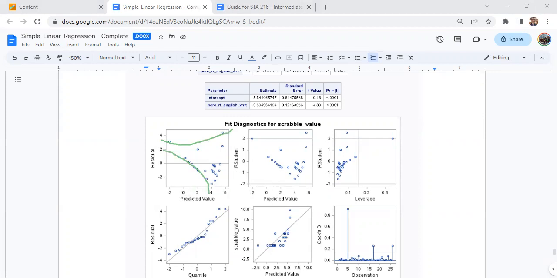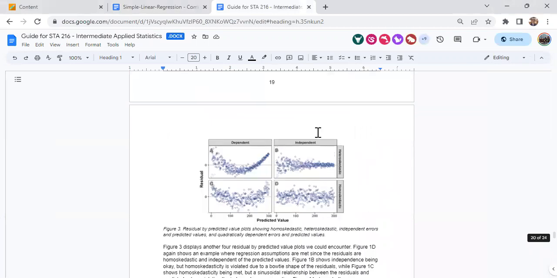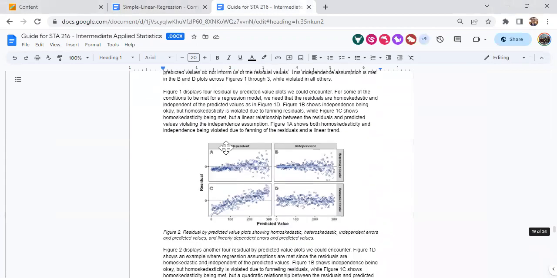The accuracy should be roughly the same, but that's not the case here. So yes, we have an outward fanning pattern, and I give some examples in the guide document again. This outward fanning is heteroscedastic. We would say it's not homoscedastic.